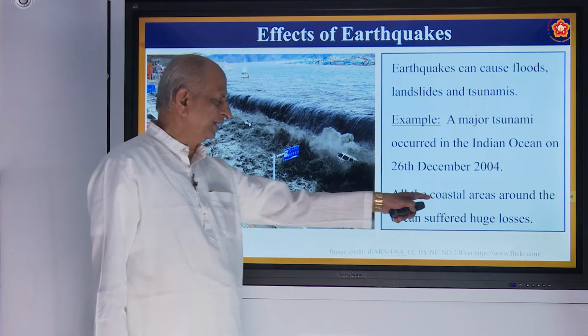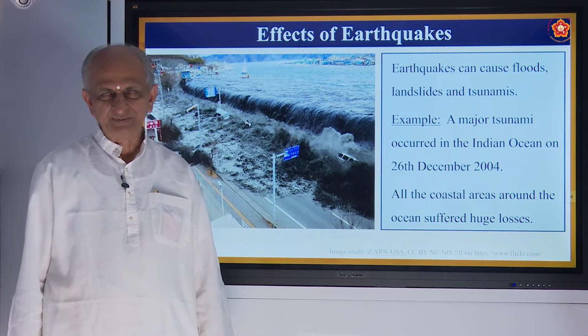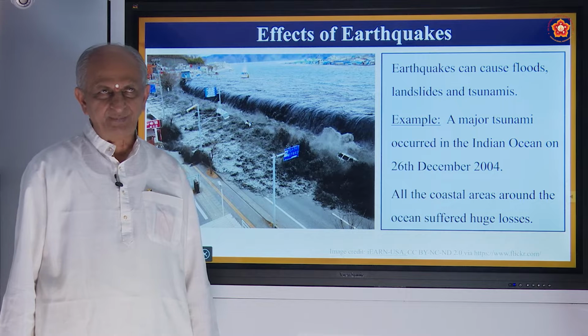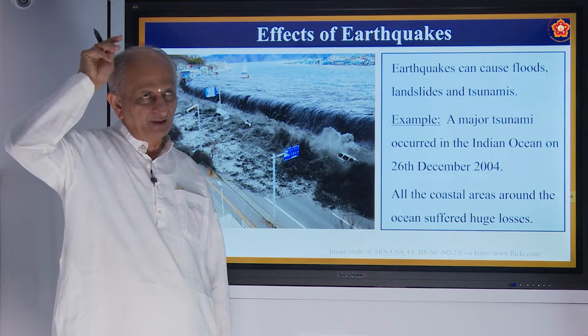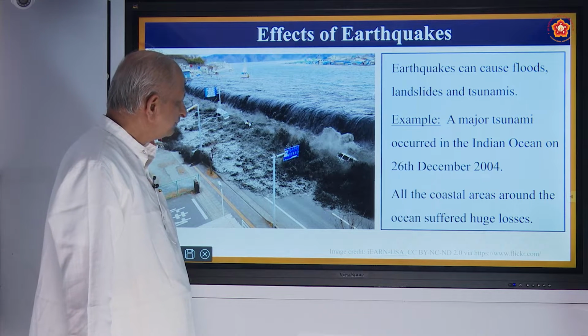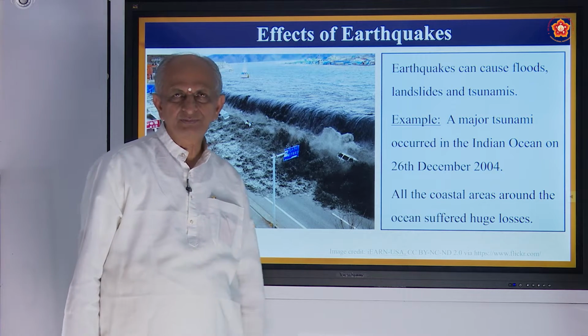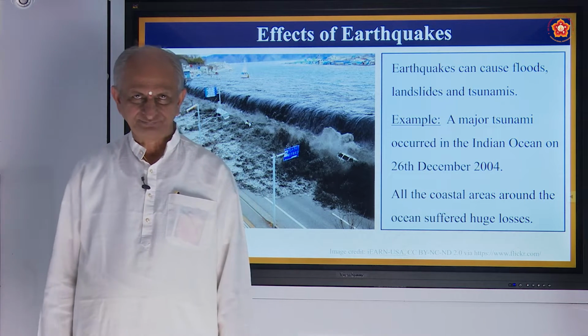See, all the coastal areas around the ocean suffered huge losses, especially Tamil Nadu, Pondicherry, etc. Many lives were lost, a lot of land was disturbed, many buildings collapsed. That's why it is called a natural calamity.